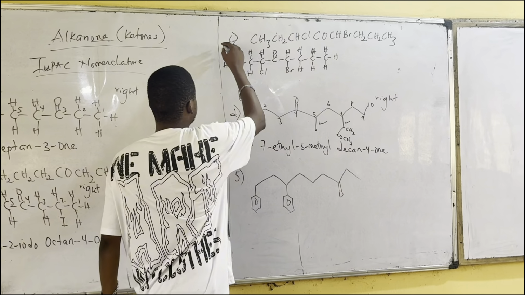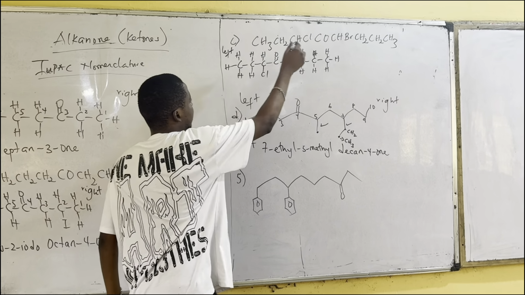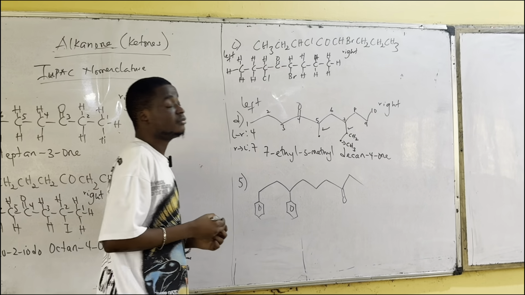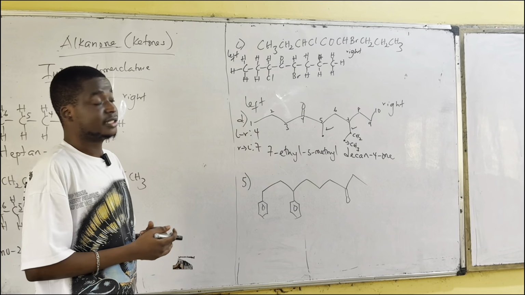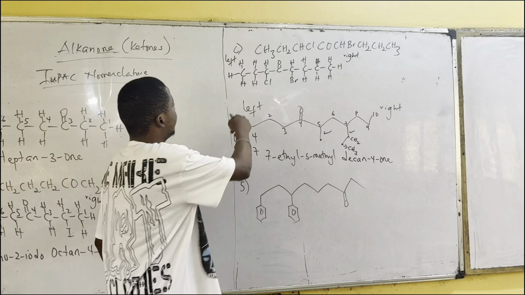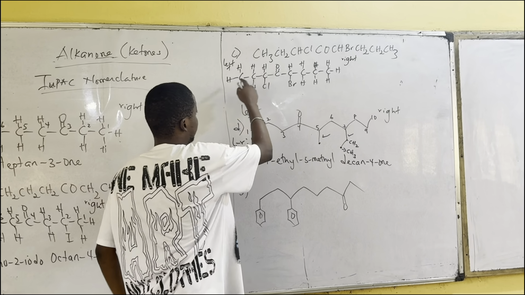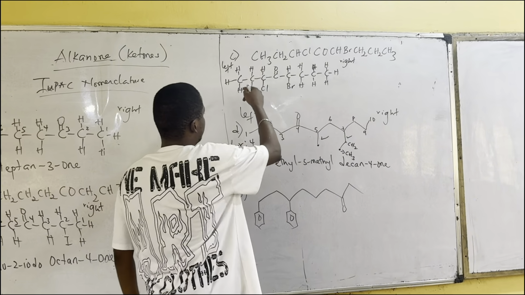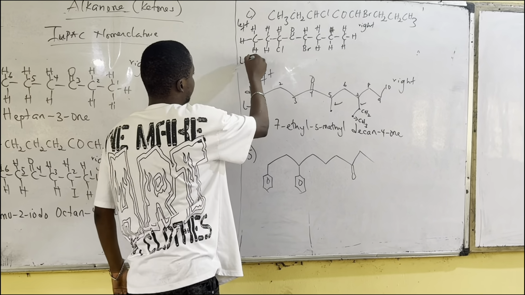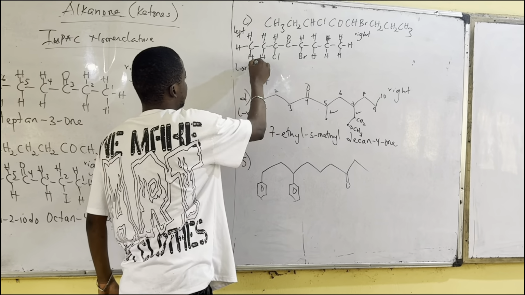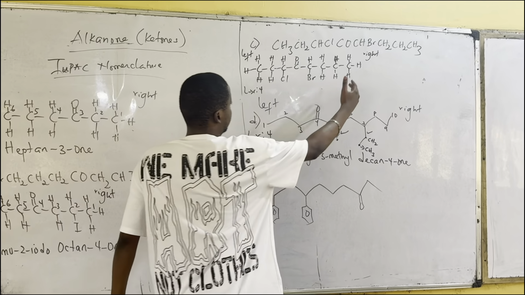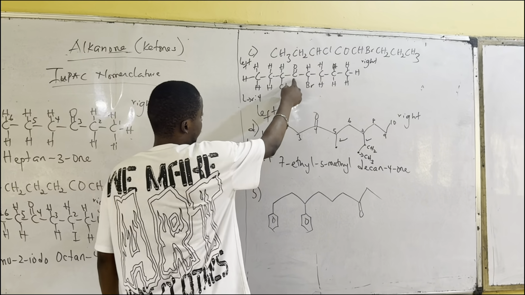As usual, labeling this is the left hand side, and this is the right hand side. Now from left to right, let's see the position that this carbon will take. We have 1, 2, 3, 4. That's counting left to right, so it takes number 4. Now from right to left, let's count the position of this carbon.